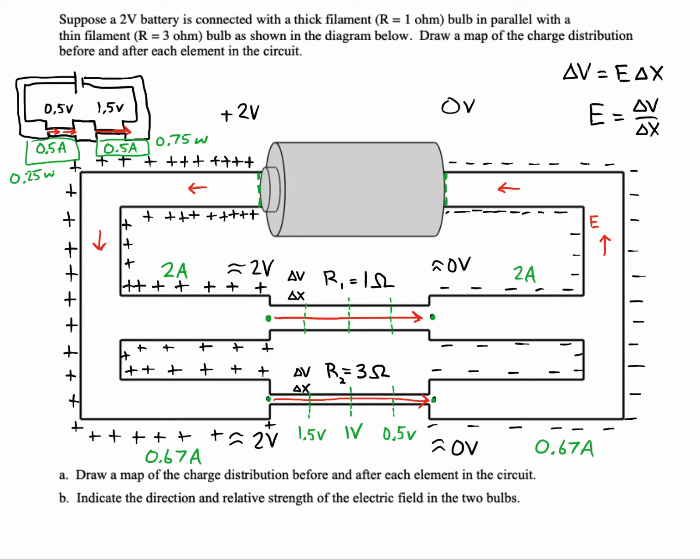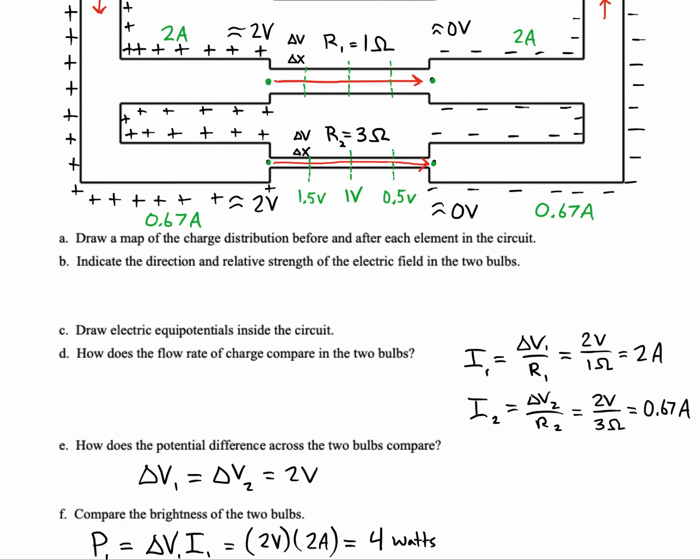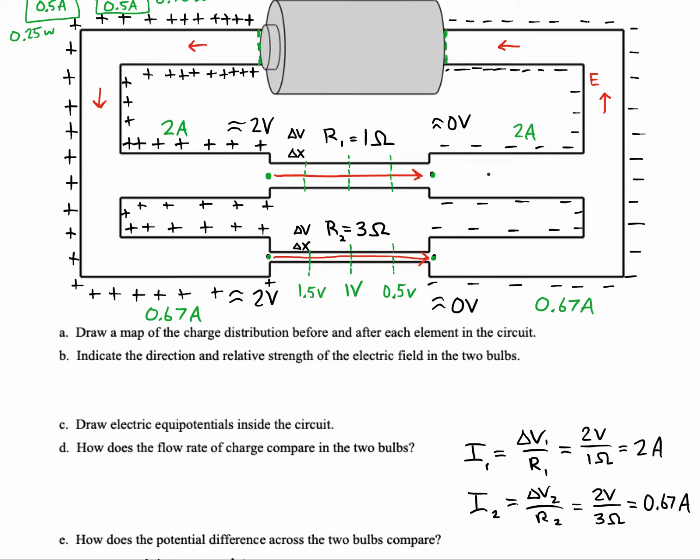Okay, so now that we have that down, we could also look at the currents inside the branches and see how they'd be related to the field strength. That's a little trickier to do.